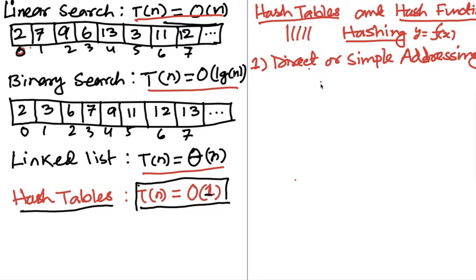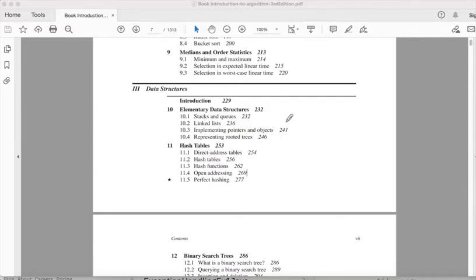Since hash tables are developed based on hash functions, based on the variation of hash functions there are different types of hash tables.